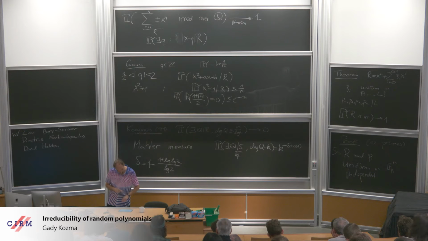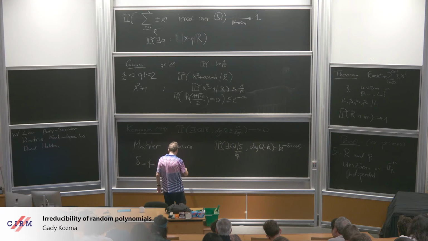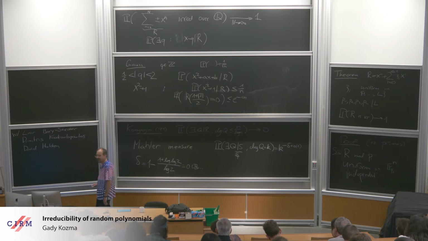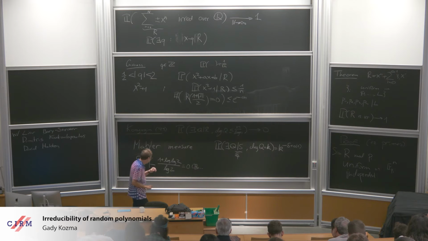If I have time, maybe I'll explain this heuristically, and maybe not. And to save you taking out your calculators, this is 0.086 something. Okay? So maybe I'll discuss this a little bit more, but let's finish the proof.